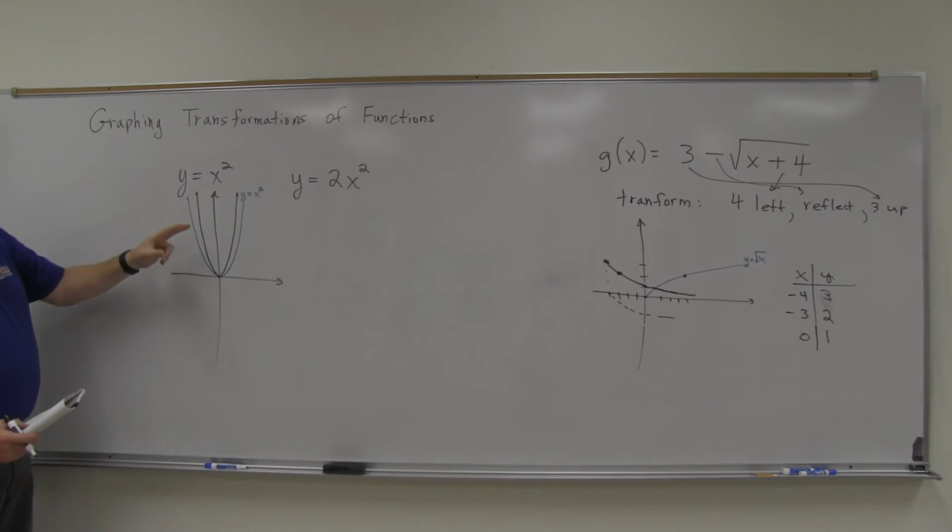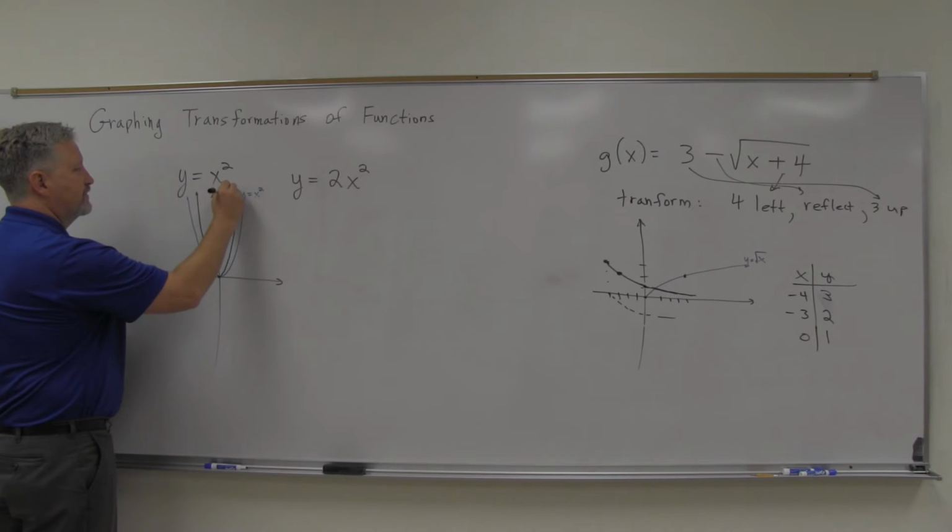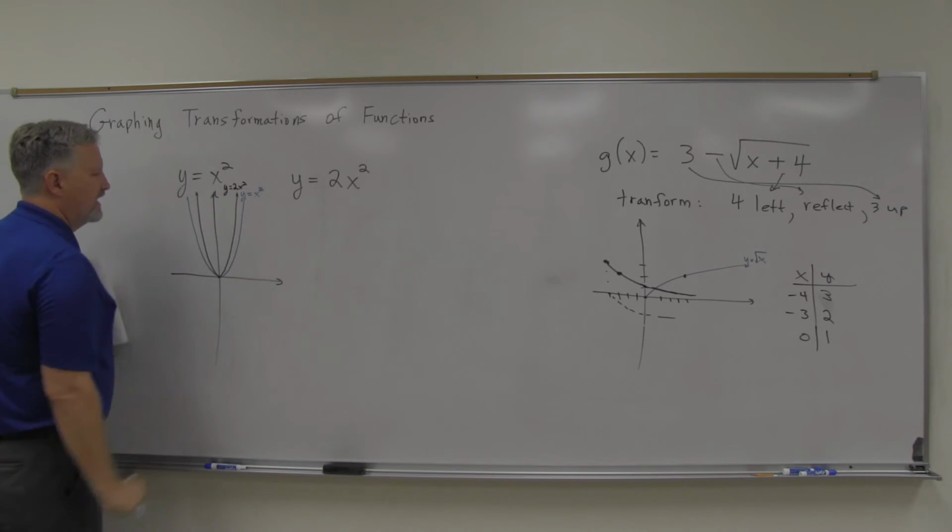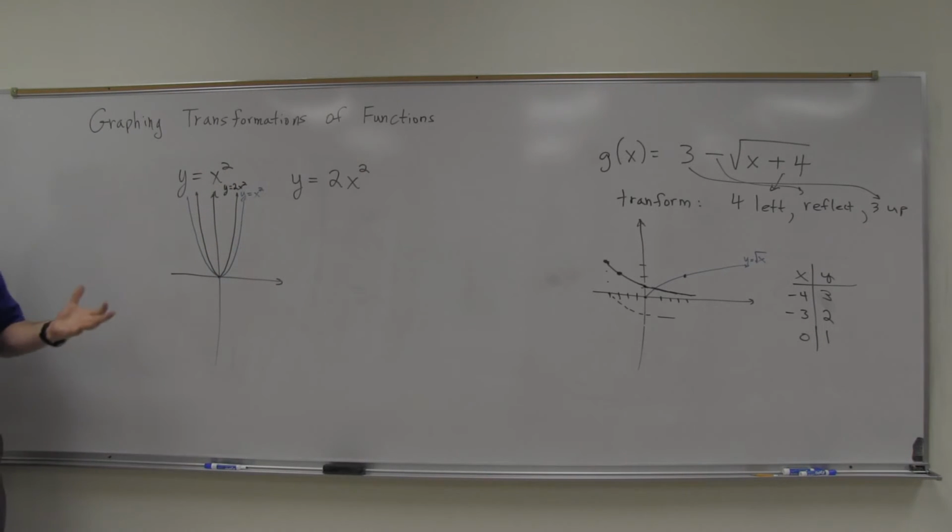Well, what that amounts to, so my y equals 2x squared is right here. How would you describe that? Well, it didn't shift it up 2 because this point is still 0, 0. What this did, the way they typically describe it, is not a shift, it's a stretch.